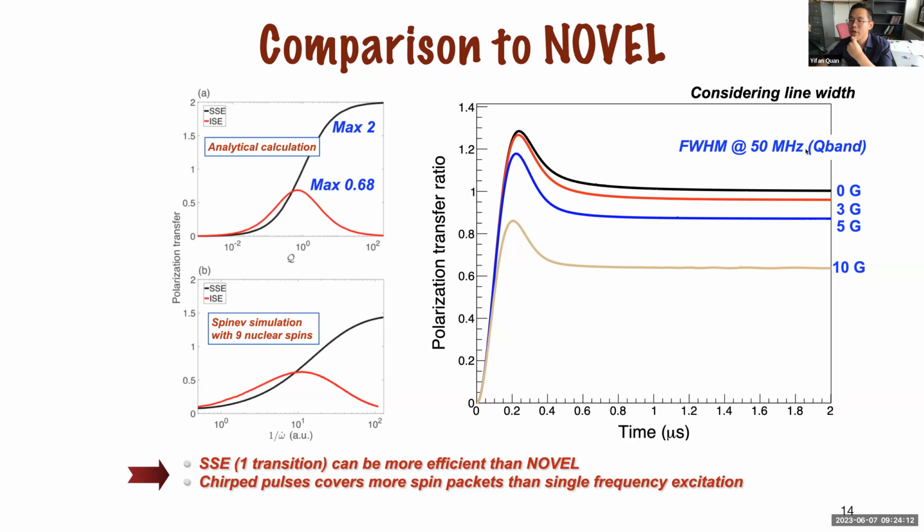Here is the example at Q band, so 50 megahertz proton frequency, with different EPR line widths. For trityl, it is about 3 Gauss in this field, which is still quite good, close to the case where I don't have any line width. But you see that if you have broader EPR line widths, the efficiency of the NOVEL pulse drops by quite some. Well, with chirped DNP, you are covering everything. So that's actually a huge advantage of using chirped pulses, I would say.